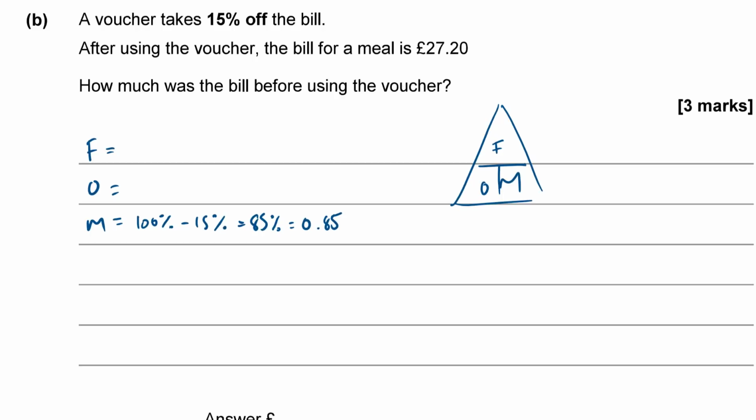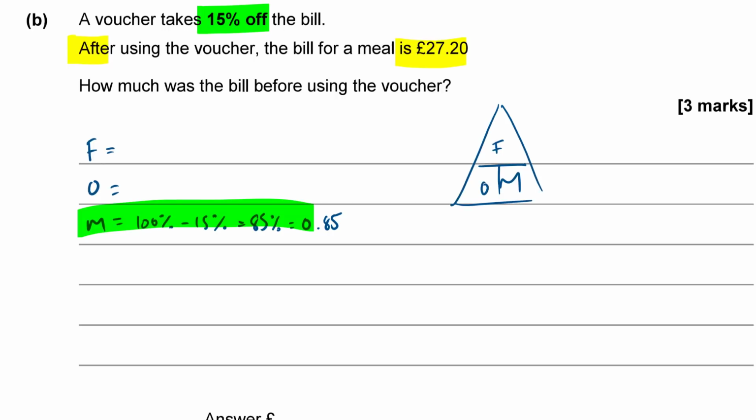Okay, after using the voucher, so that bit of information is there. So after using the voucher, the bill for the meal is £27.20. Now you need to use your past, present, future tense to work out which is which often with these sorts of questions. So after using the voucher, the meal is £27.20.